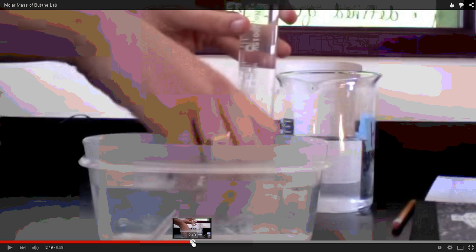So you're going to do this until your water level inside of the graduated cylinder is equal to the water level of your bowl. And that means you can assume something very special.